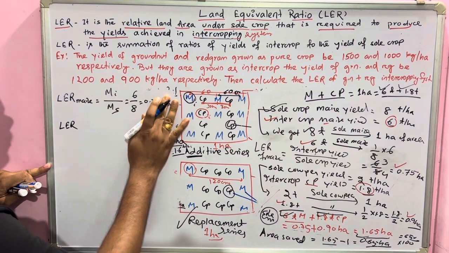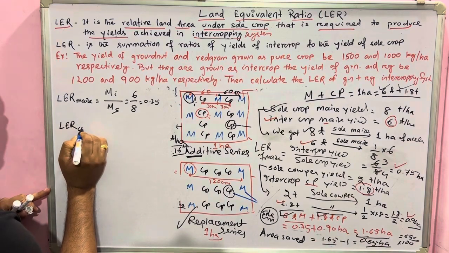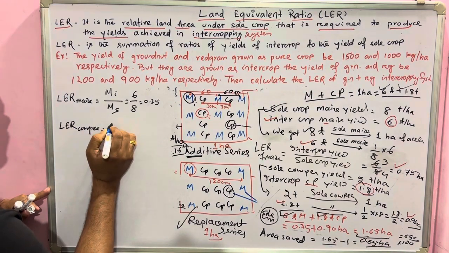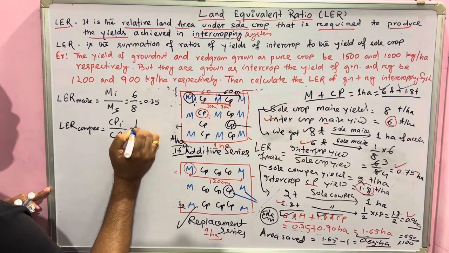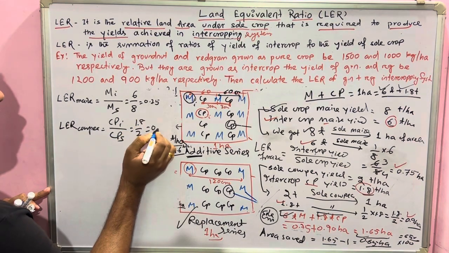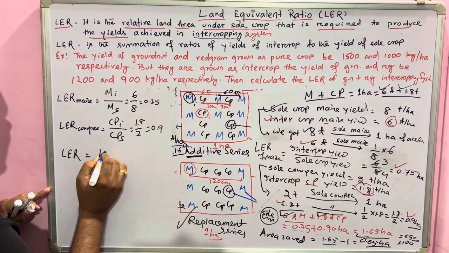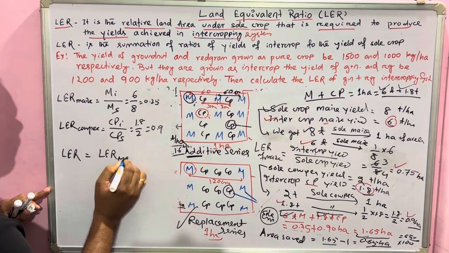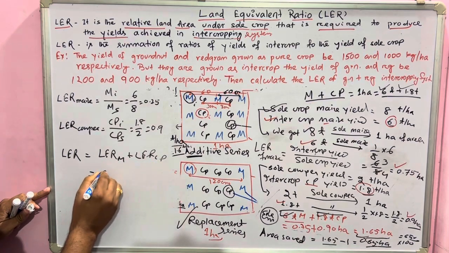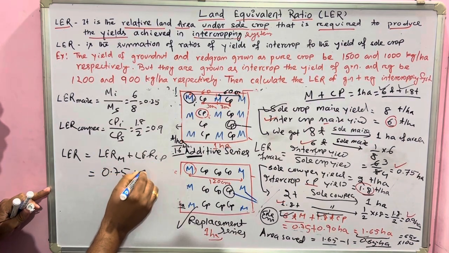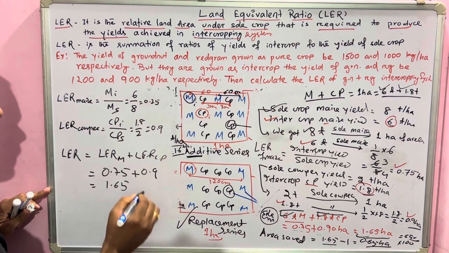LER of cowpea is cowpea intercrop yield divided by cowpea sole crop yield, 1.8 by 2 is equal to 0.9. So LER of the system will be LER of maize plus LER of cowpea, 0.75 plus 0.9, so it will be 1.65.